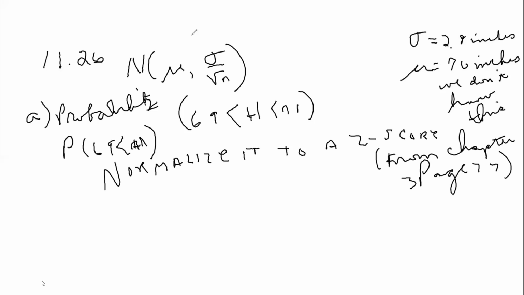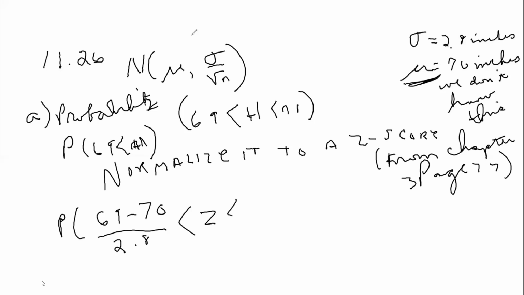All right, so we keep doing this. If you remember how to normalize this, we're going to make it into z-scores. So 69 minus 70, here's that 70, divided by the standard deviation of 2.8, is less than Z, which is less than 71 minus 70, divided by 2.8.